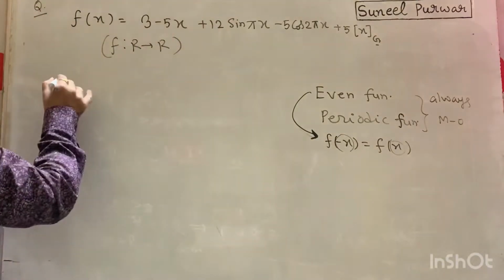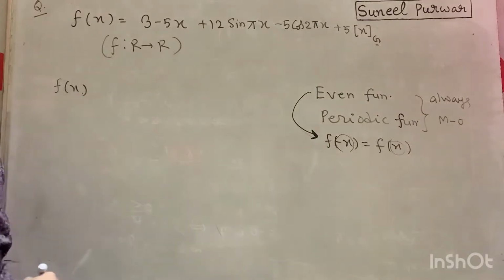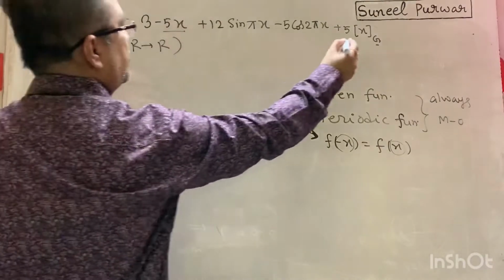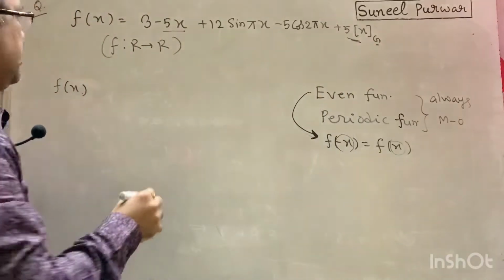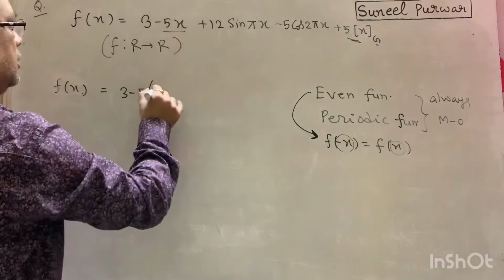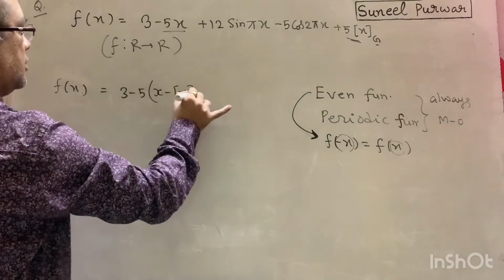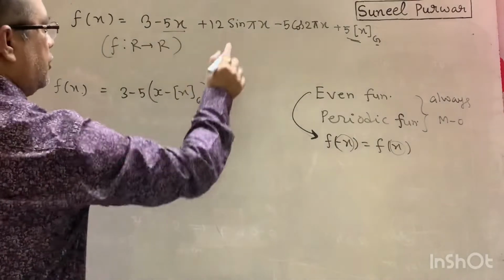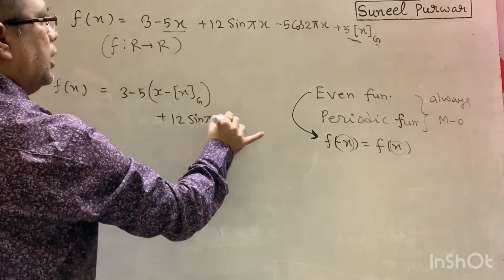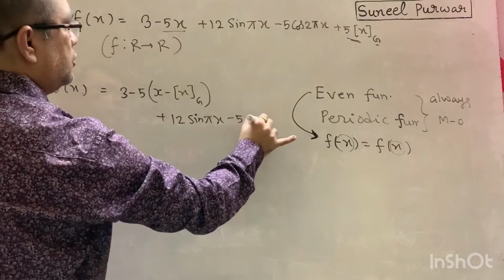So f of x is equal to, first of all, you should immediately catch that 5x and 5 box x should be combined together. So 3 minus 5, taking minus 5 common, you have x minus box x. What follows next is 12 sine pi x and minus 5 cos 2 pi x.